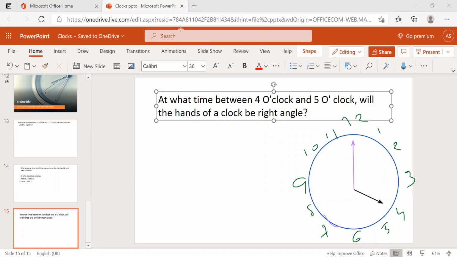But we need to know that one more time also, this 4 and 5, it will make another right angle. See, the right angle is nothing but 3 sectors of time. If the gap is 3 sectors, this is 30 and this is 30 and this is also 30, right? So 90 degrees.